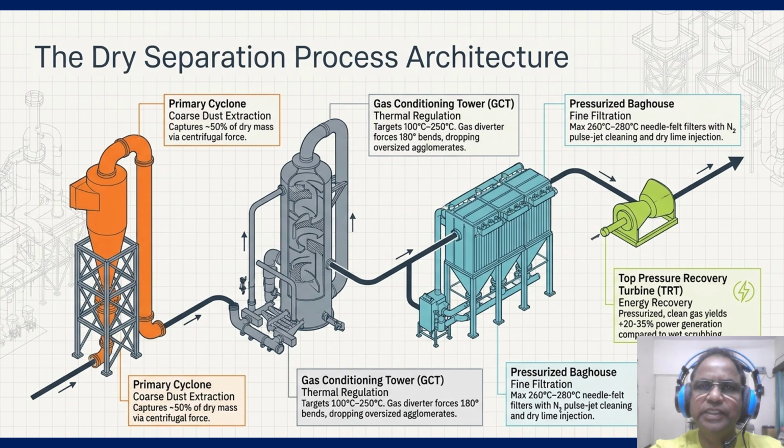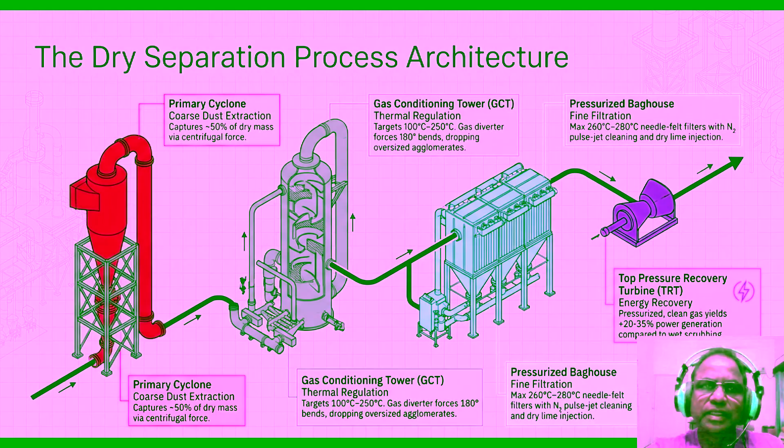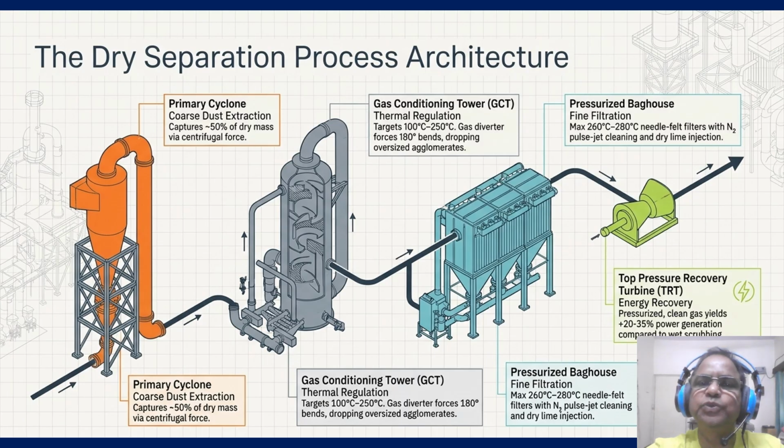Finally, look at the green component on the far right, the top pressure recovery turbine. Because we are using a dry system, the gas remains pressurized and clean, yielding a 20 to 35% increase in power generation compared to legacy wet scrubbers.